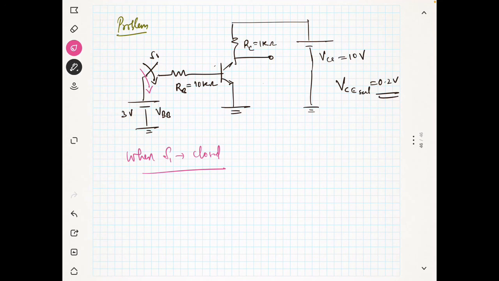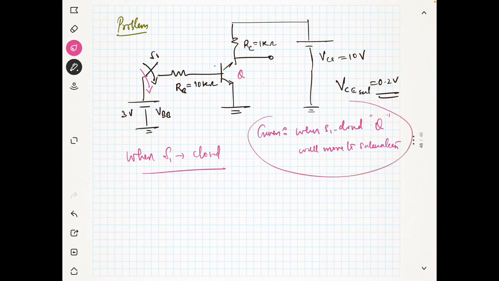I told you this circuit was biased for saturation, because we have already discussed that when S1 is closed, the transistor, usually known as Q, will move to saturation. It is given that when the switch is closed, the transistor moves to saturation.